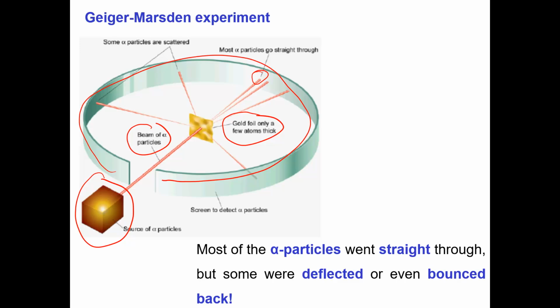What they actually observed was that most of the alpha particles did go straight through, but a few of them were deflected to quite high angles, and some of them even came all the way back every now and then. So this was definitely a little bit surprising because alpha particles, again, 4 times heavier than a hydrogen atom, and they are hustling.